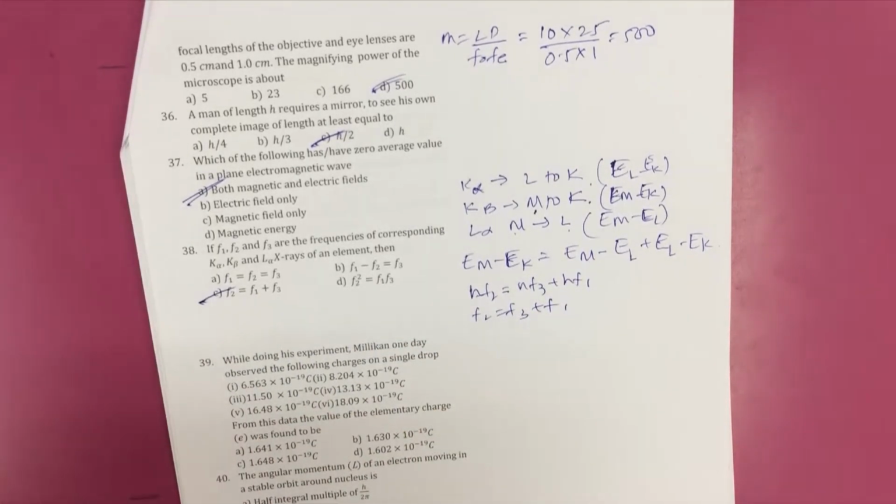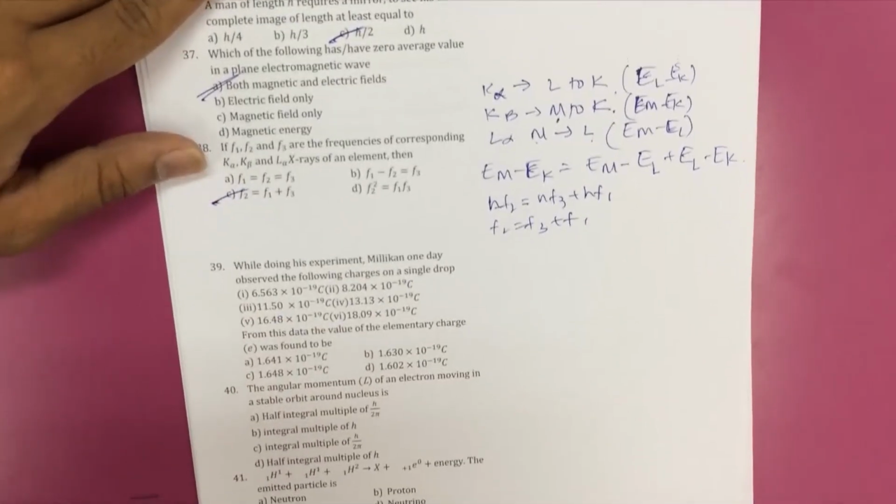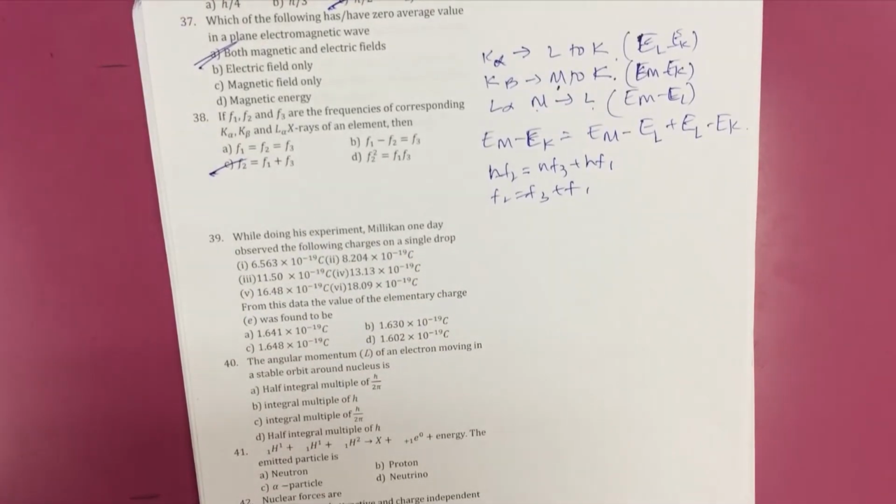So we will get hF2 equals hF3 plus hF1. So basically I'll get F2 is equal to F3 plus F1. So that is option C, your correct answer.